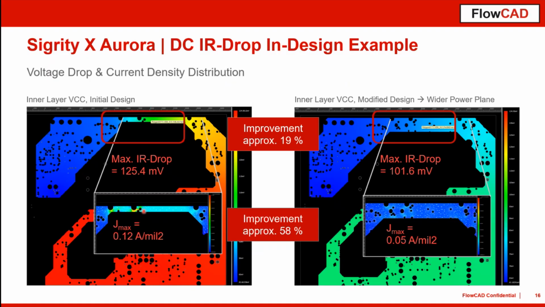And this also impacts the temperature increase. We cannot do this temperature analysis with the in-design analysis. We need to switch over to a PowerDC thermal solver, for example, but that is not available with these two tokens. Therefore, I have to skip it.